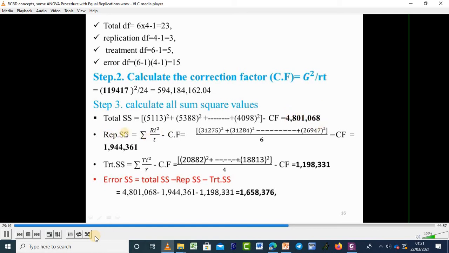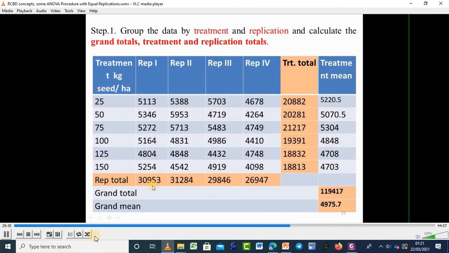The next step is calculating the replication sum of squares. For this, we square all replication totals. That means replication 1 total, replication 2 total, replication 3 total, and replication 4 total.